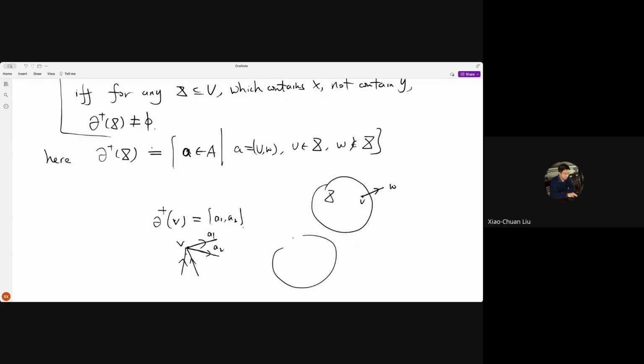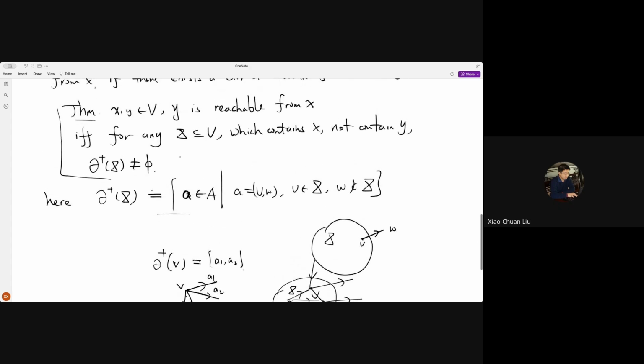But if you have several vertices in a set, probably you have some inside arcs and maybe something like this, and you count all the outer arcs, which start from a vertex inside X and end at some vertex outside X. So I think this definition is clear.